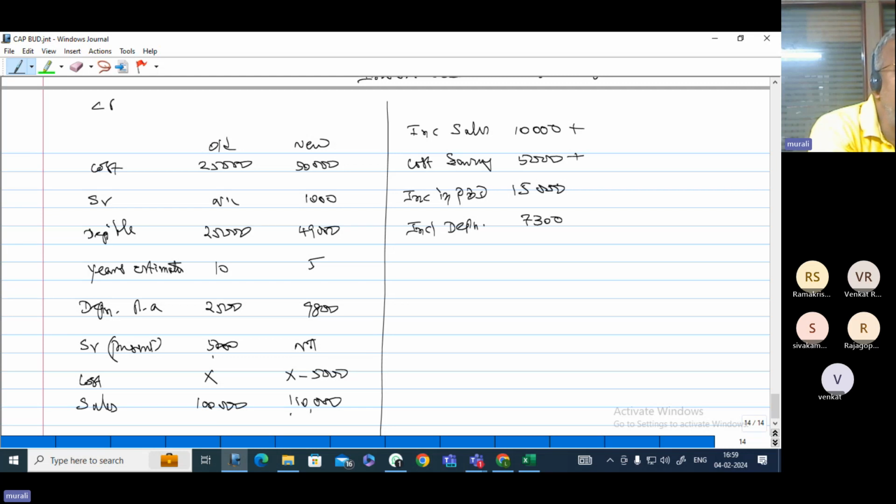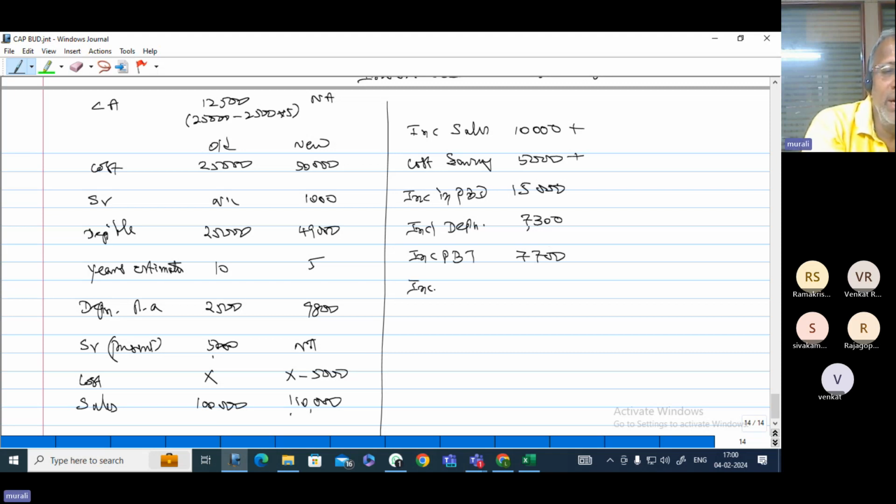And one more information, carrying amount of this being 5 years gone, it is 12,500. How come? 25,000 minus 2,500 into 5. Correct? That I have not captured. Here it is not applicable. Incremental depreciation is 7,300. Incremental profit before taxation, how much is that? 7,700.